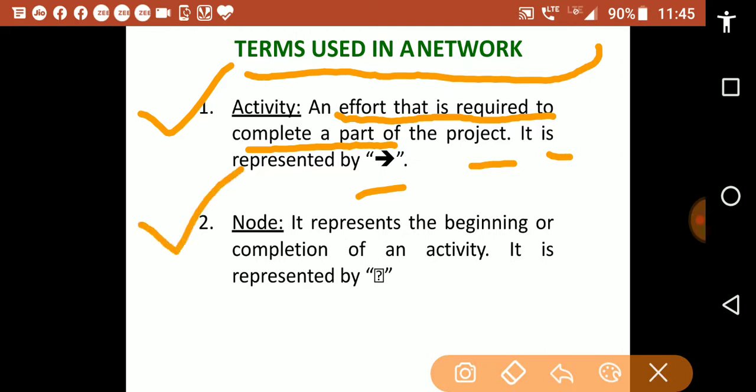The second term is node. It represents the beginning or completion of an activity, and it is represented by this symbol. So this is the node.